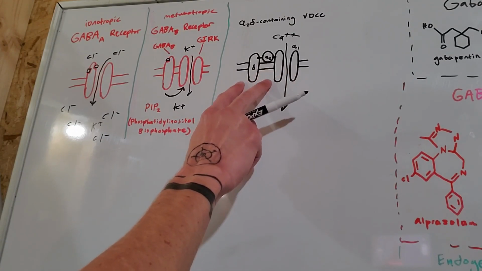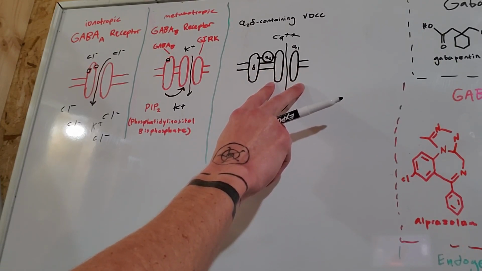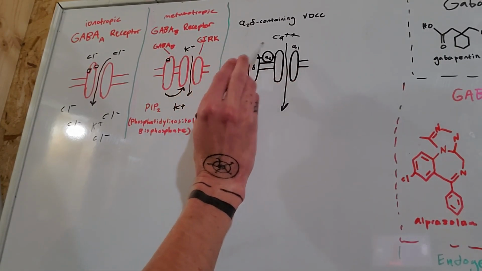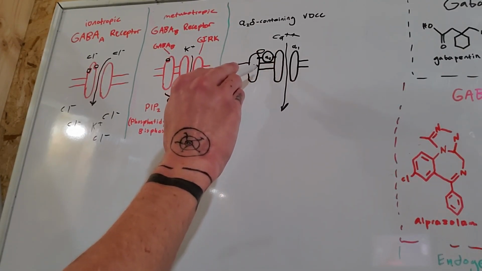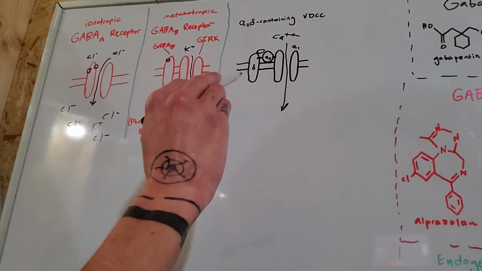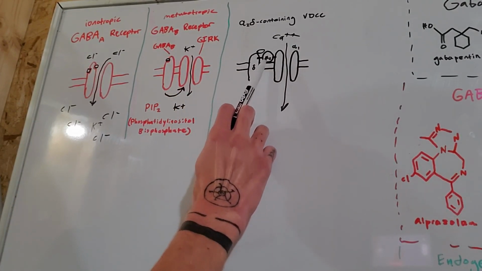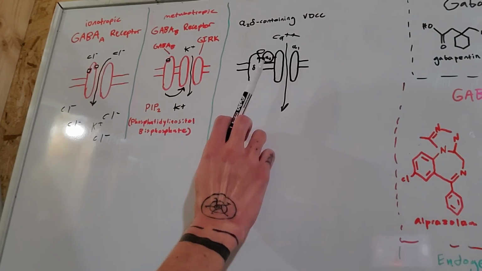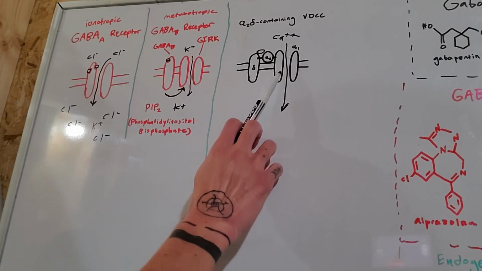The alpha-2 delta is like a regulatory or modulatory subunit for the alpha-1 subunit pore. So when you have something bound on the alpha-2 delta subunit, like let's say gabapentin, it reduces the ability of this subunit to positively modulate the pore.